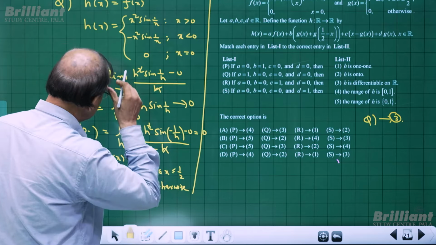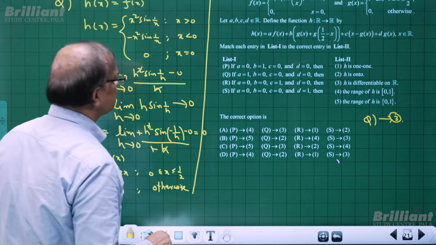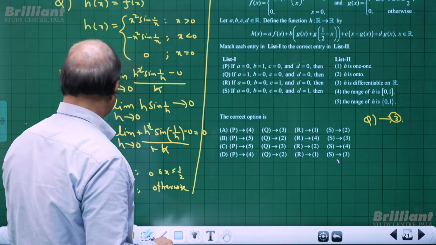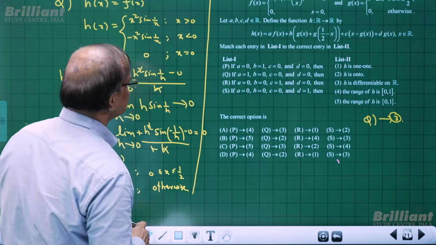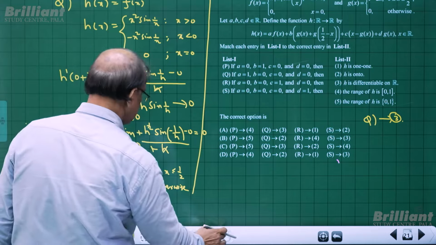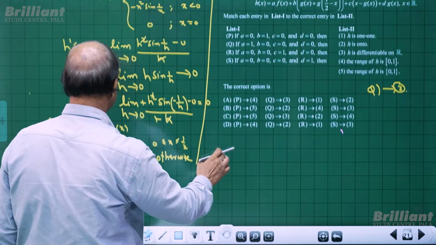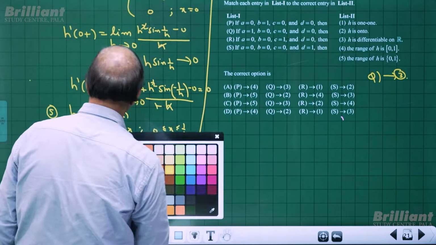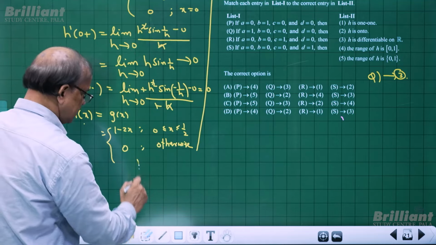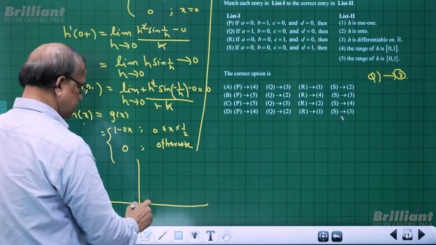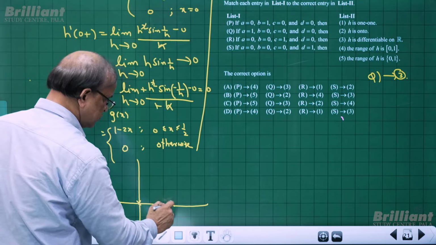This is H, Hx is equal to this. Here we should take the graph, 0 to half.